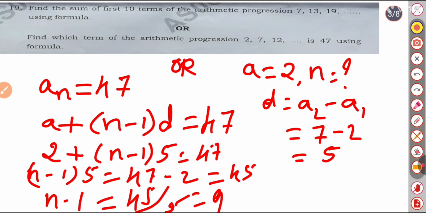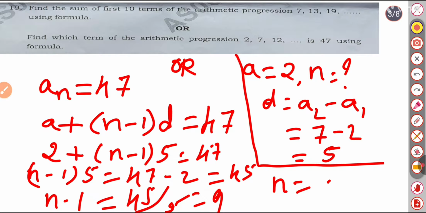So n is what? n is equals to 9 minus 1. If you take that side, it becomes plus 1. So n is equals to 10 is the answer. Number of terms is 10.